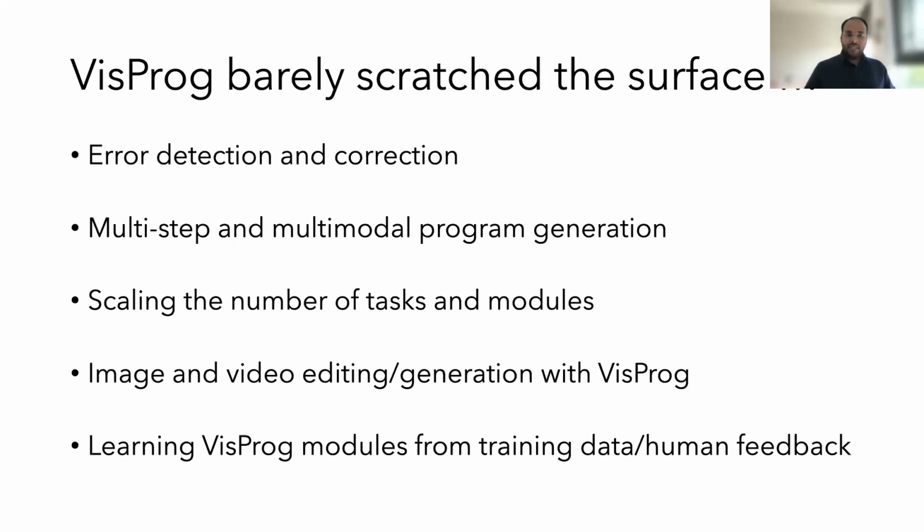What is more difficult to fix, and often the cause of errors in systems like VisProg today, are the errors in predictions of models. So let's say at some ith step in the program, you're asking a detection model to detect dogs, and the model does not produce the right detection.